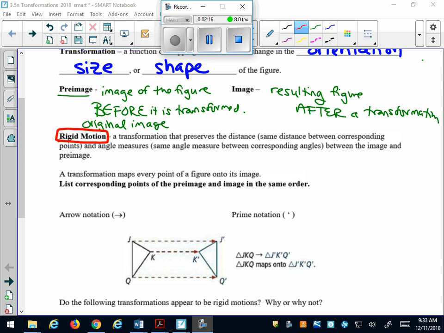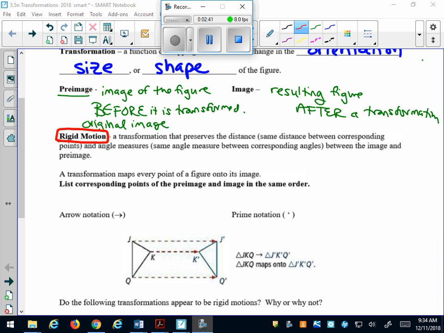The opposite of rigid would be sort of floppy. So a rigid motion or a rigid transformation is a transformation that keeps the shape the same size and the same shape. The only thing it changes is the direction it's facing.